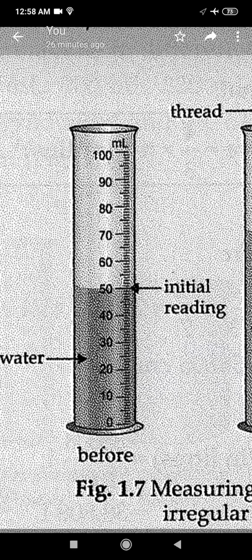Earlier it was 50 milliliter. As we submerge the stone in the water, the level of the water will rise. Suppose its level rises up to 70 milliliter. It means the initial reading of water level is 50 milliliter and the final reading of water level is 70 milliliter.